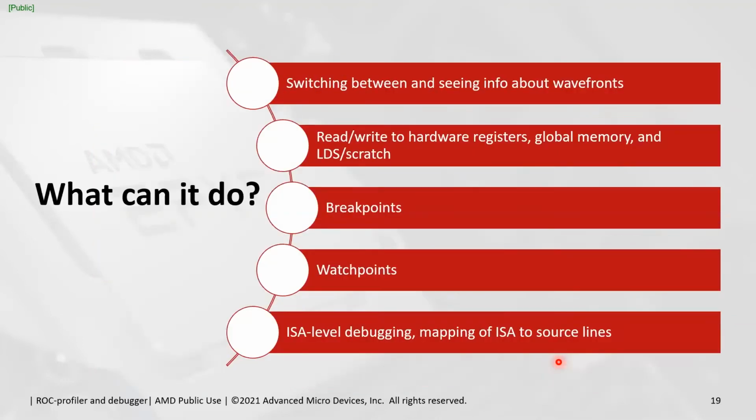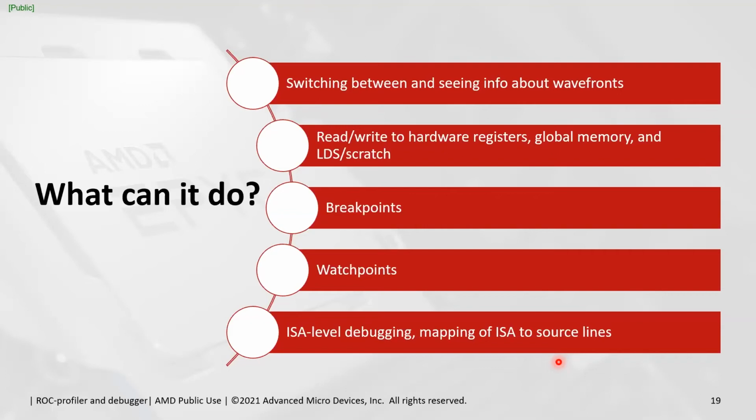So what all can ROCgdb do? Well, everything that GDB can. You can switch between different wavefronts on the device and see the info of what each of those wavefronts is doing. You can take a look at how reads and writes to hardware registers are happening. You can add breakpoints and watchpoints.